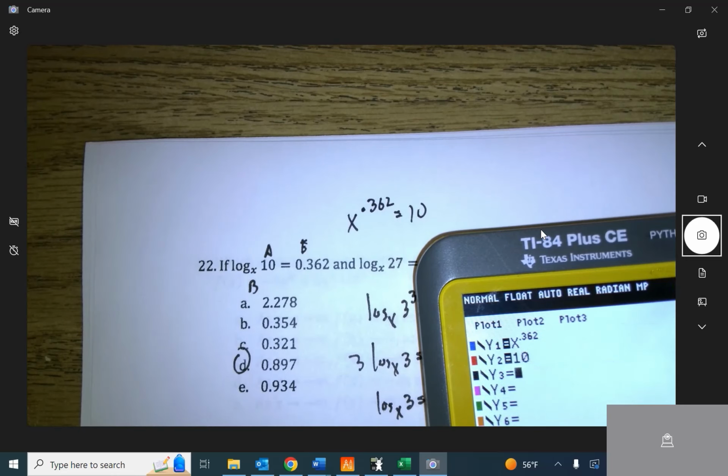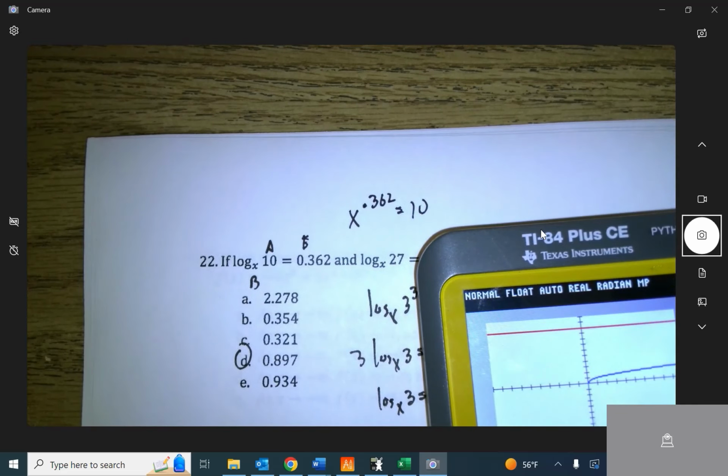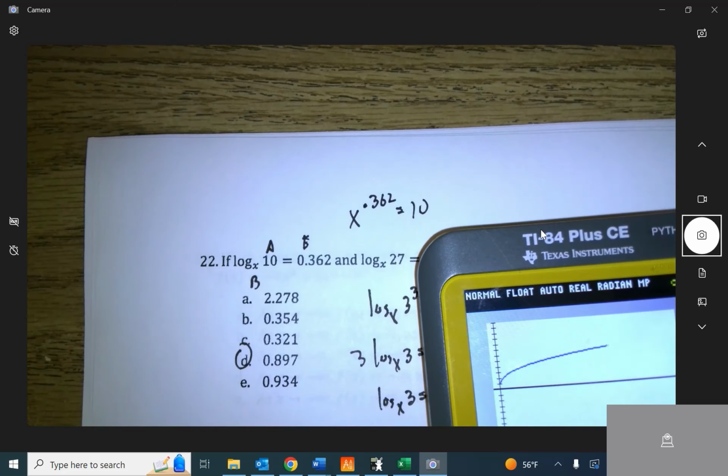Y1, Y2, because I don't feel like pushing buttons for a while. Let's see, let's let our window look up at 12. Gonna have to look pretty far to the right, aren't we? Set that X max around 300 and see what happens.